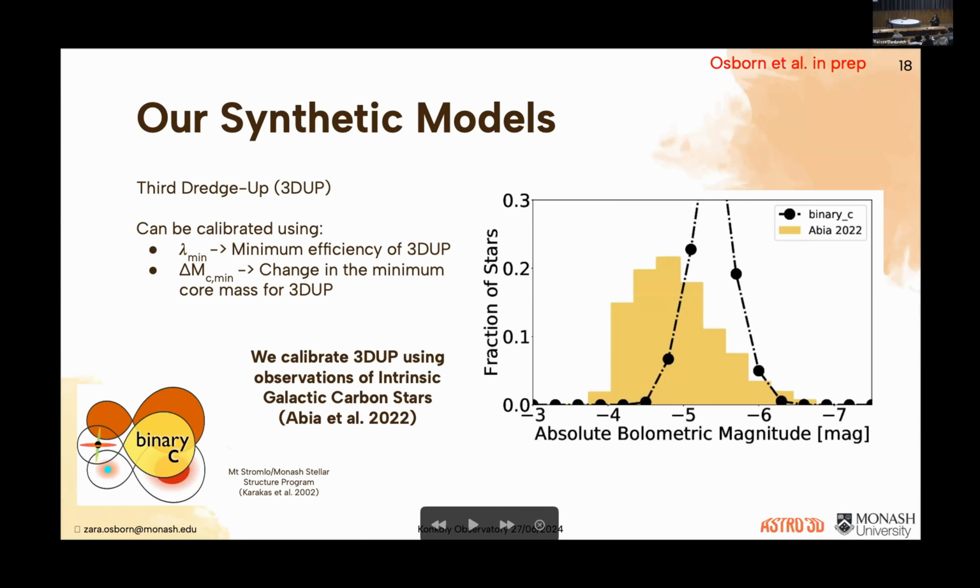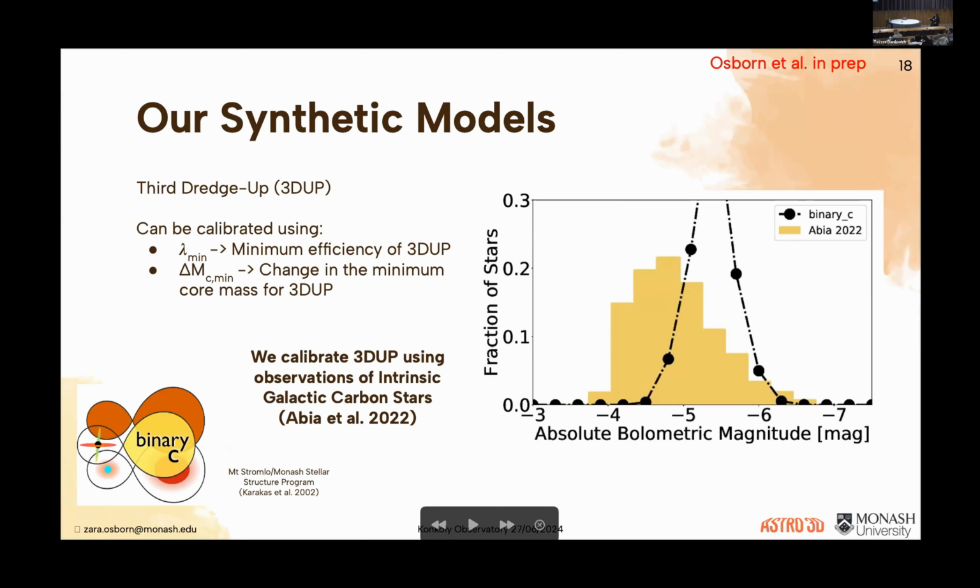And one of the best observational tools we could use to constrain the third dredge-up is carbon stars, as the formation of a carbon star is directly tied to the third dredge-up. On the right here, I'm showing what is known as a carbon star luminosity function. This is a function that shows the distribution of carbon stars based on absolute bolometric magnitude.